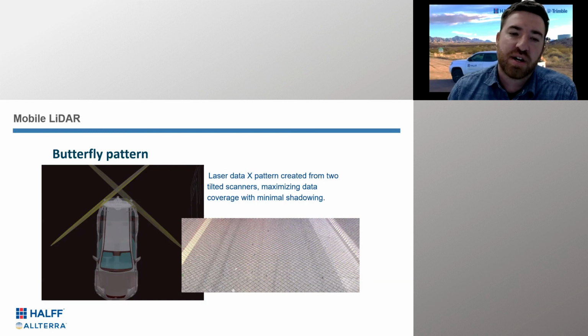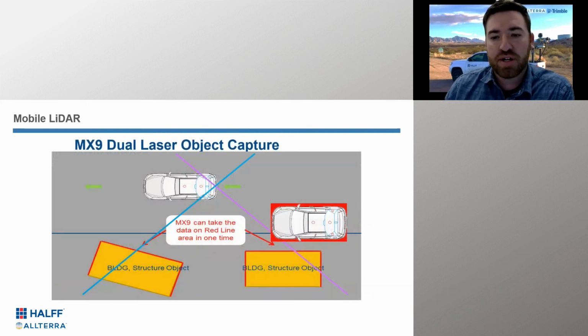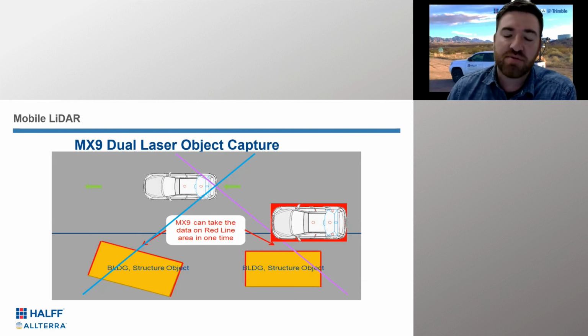There's a lot of value in getting that, as I think of it, as an X driving down the road behind your mobile mapper, getting a wake like behind a boat. It saves a tremendous amount of time as far as data shadowing goes, whether there are, as you're seeing here, vehicles blocking or other obstructions.